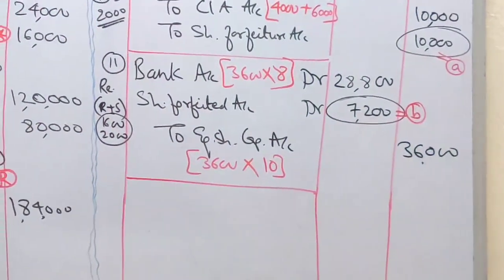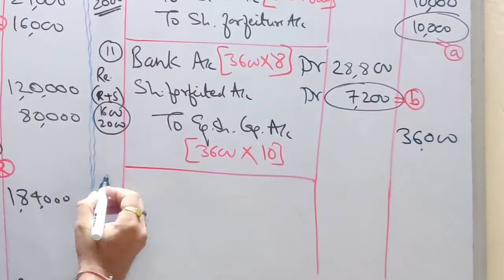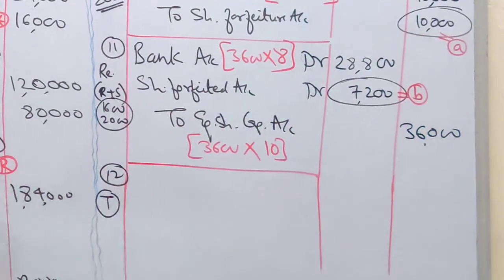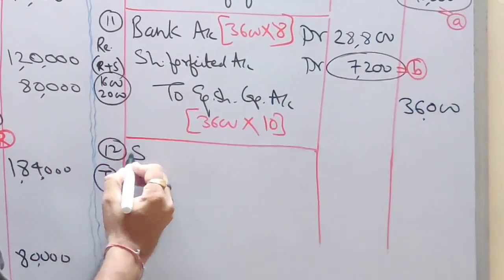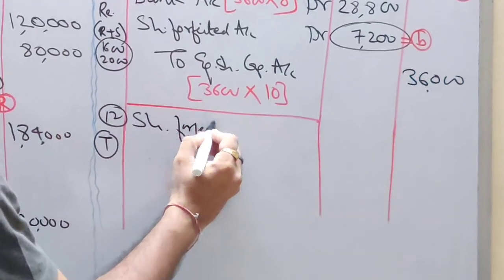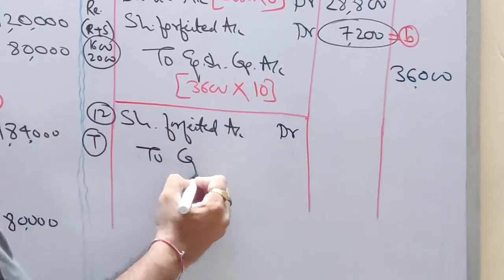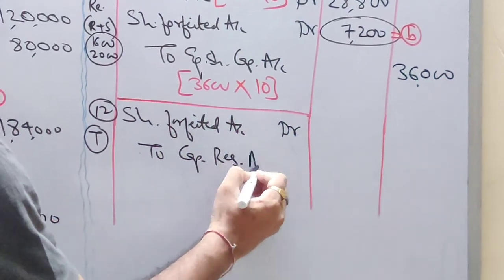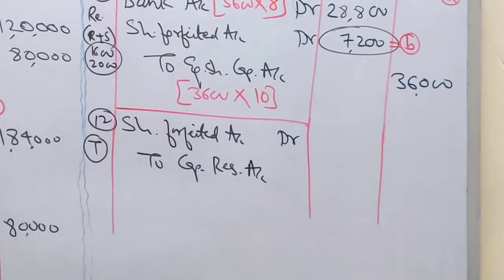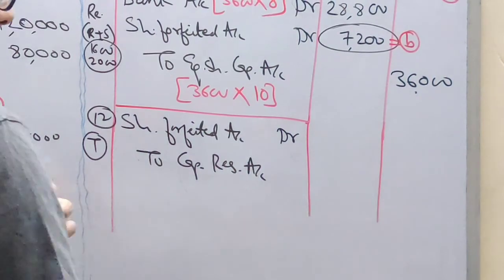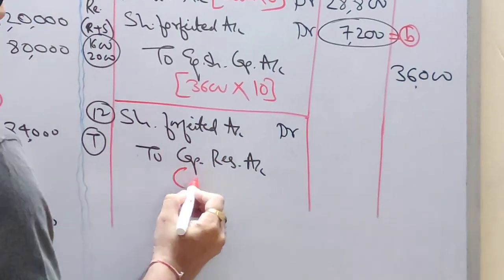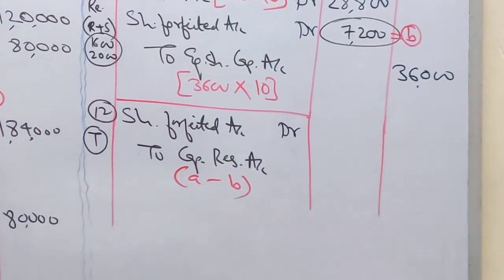Why I am doing this? Because your last entry is transfer entry. So what is your transfer entry? Share forfeited account debit to capital reserve account. And what amount to transfer, students? Here you will do A minus B.